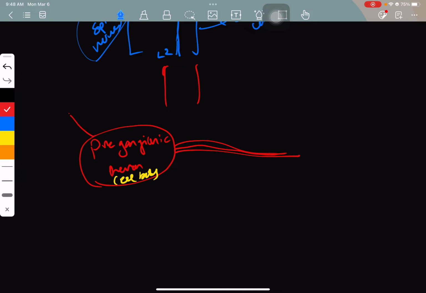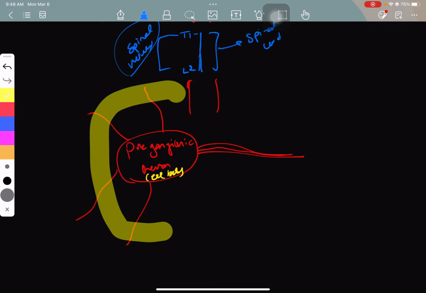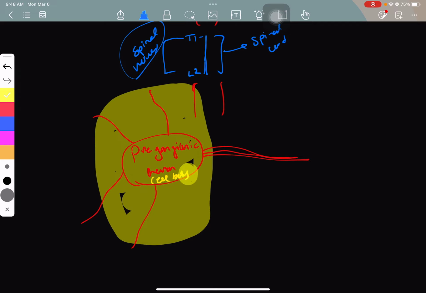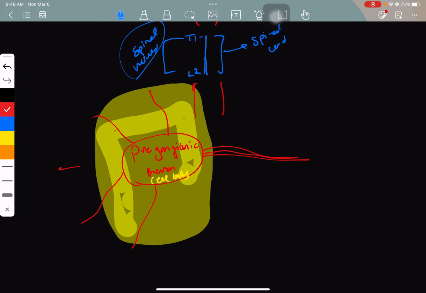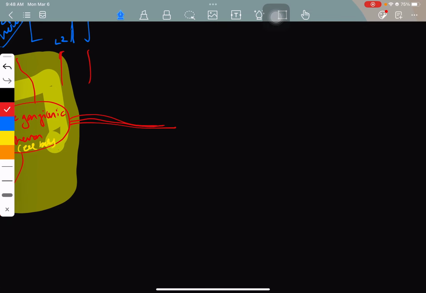That's your cell body, your dendrites and all of that. This part is considered to be in the central nervous system, the CNS. The axons are considered to be in the peripheral nervous system, okay?